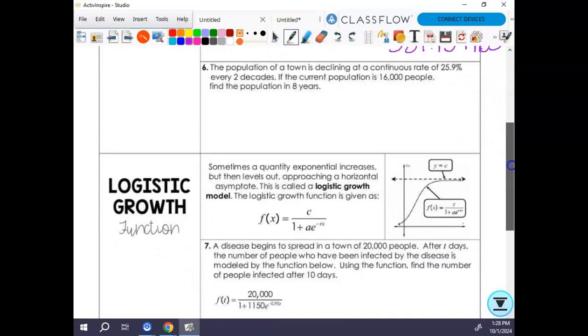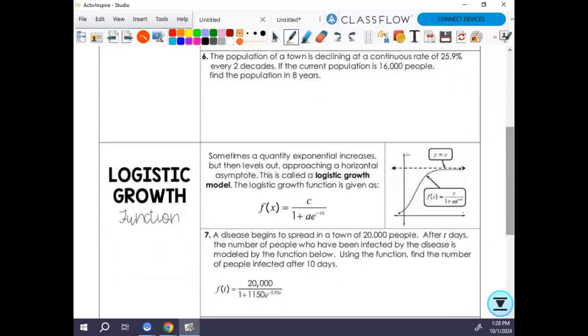All right, let's look at the next one. Population of a town is declining at a continuous rate of 25.9% every 2. Oh my God. What does yours say? Okay, we'll make that 1.5%.